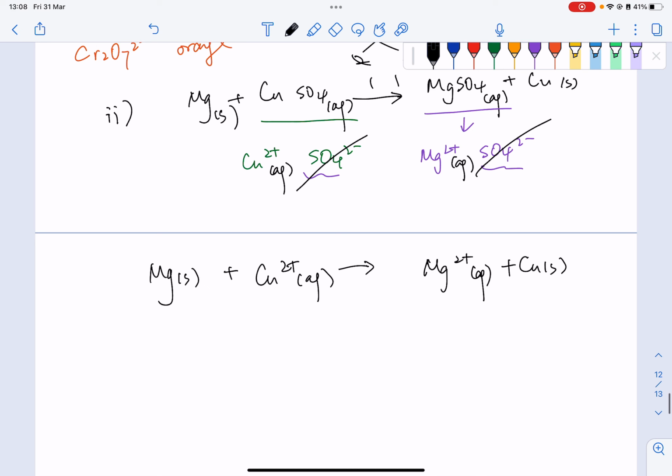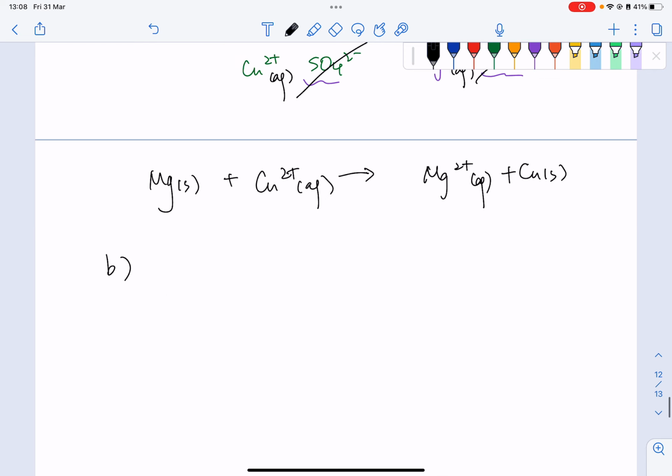All right, let's take a look at answer B here. B says add magnesium into beaker B, but the solution here is sodium sulfate. Sodium is 1 plus, sulfate is 2 minus. This one will be Na2SO4. But think about it: is the reactivity of magnesium greater than sodium or less than sodium?